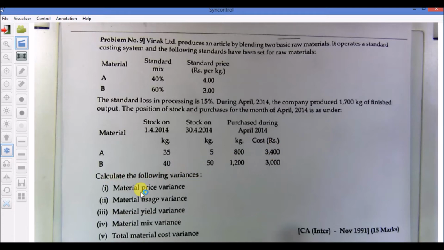Calculate the following variances: material price variance, material usage variance, material yield variance, material mix variance, and total material cost variance. What you need to remember in this is there is a standard loss in processing which is 15%. So I'm doing the sum.